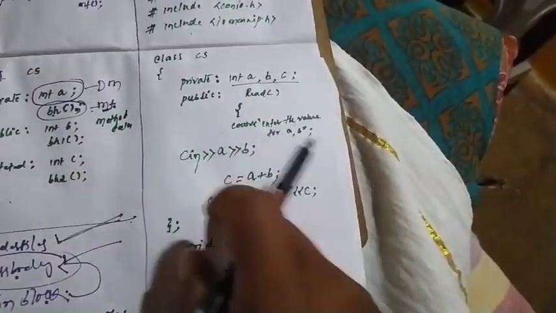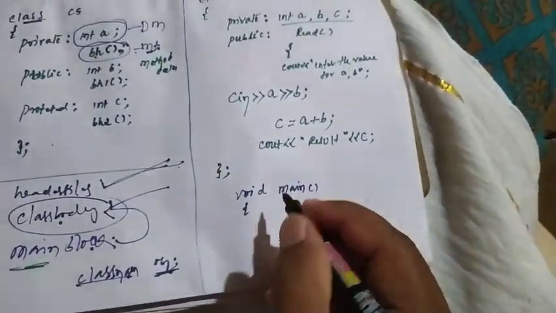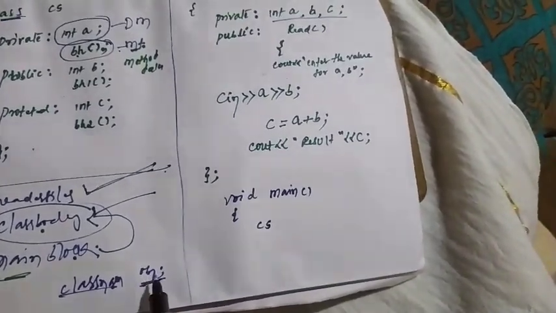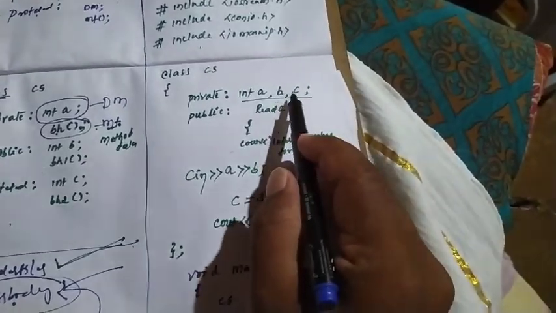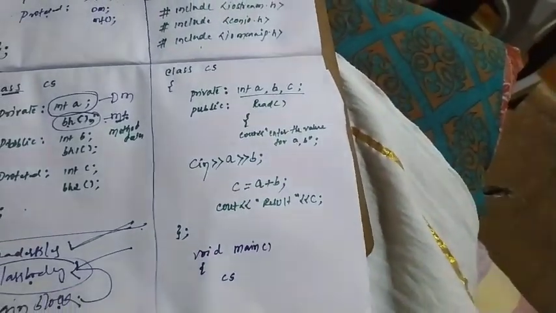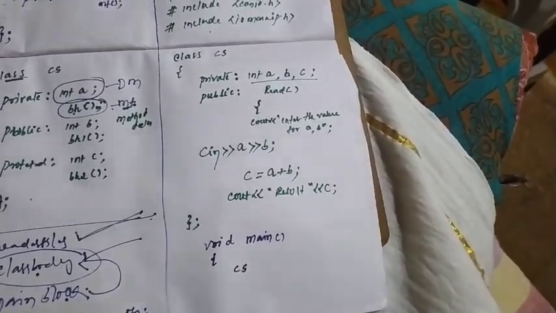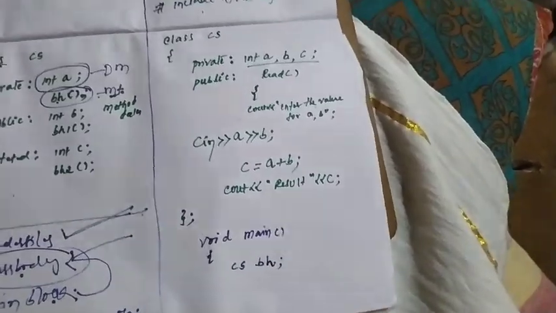Right now I have declared this program. In this program, the name of the class is CS. I will take CS, and the object name should be different from these three variables a, b, c. Apart from these, I can declare anything. CS bh I will write.